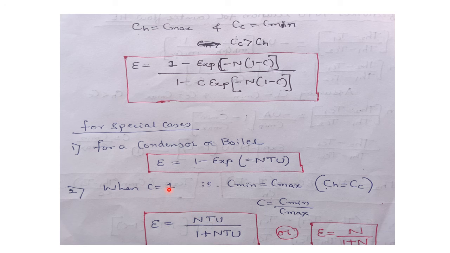I have substituted C equal to 1 in this equation, and we get effectiveness equal to NTU divided by 1 plus NTU.